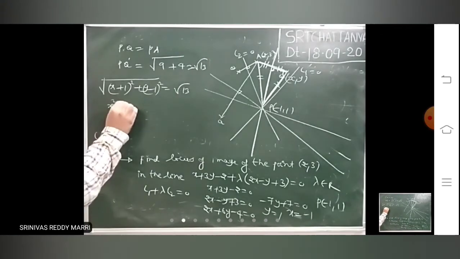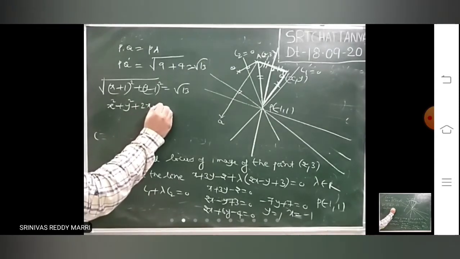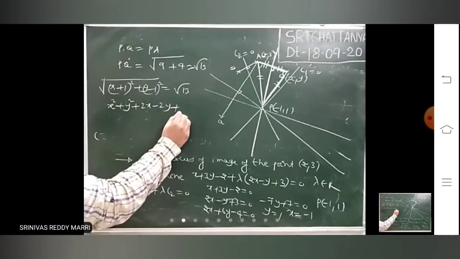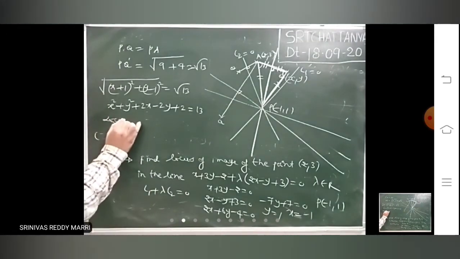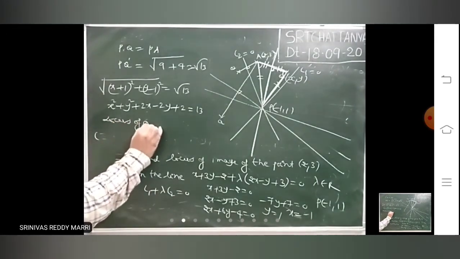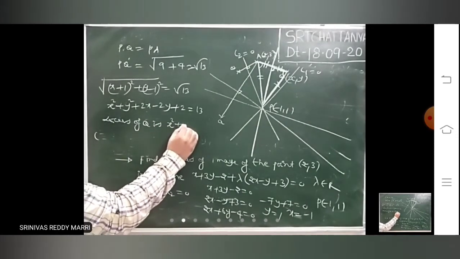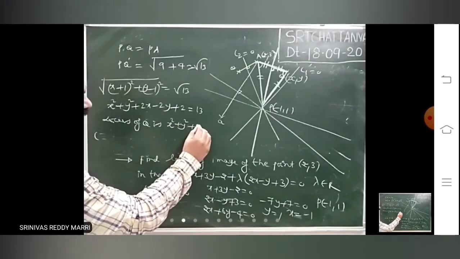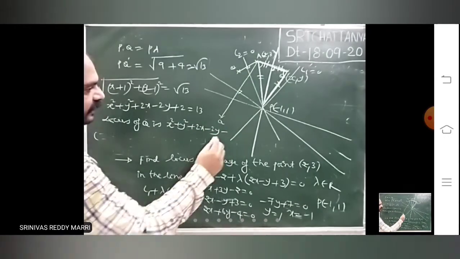Squaring on both sides: x square plus y square plus 2x minus 2y plus 2 equals 13. Therefore, the locus of Q is x square plus y square plus 2x minus 2y equals 11.